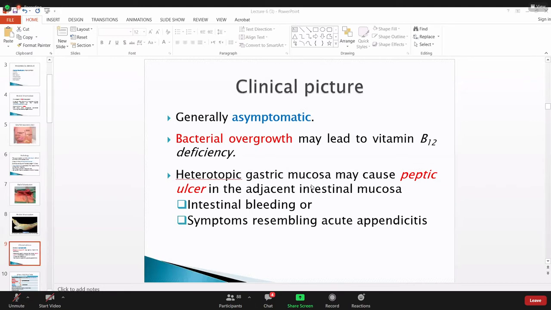Why does it resemble acute appendicitis? When there is pain in the Meckel's diverticulum related to ulceration or bacterial infection, it presents with symptoms like acute appendicitis. Why? The location is very close. Excellent, because of the anatomic location: it is connected to the terminal ileum, which is very close to the area where the appendix is, so it presents with pain resembling the pain of appendicitis.